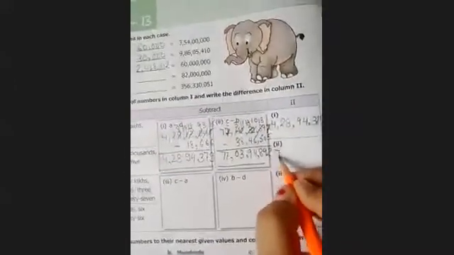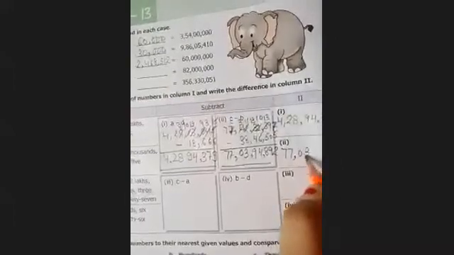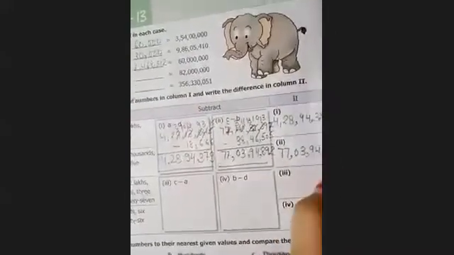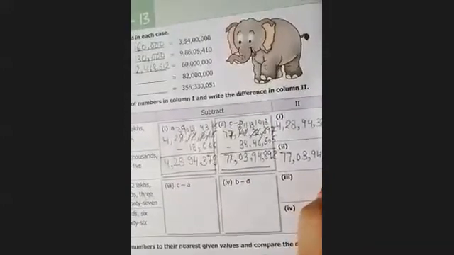So second will be 77 crore 3 lakh 94,892.